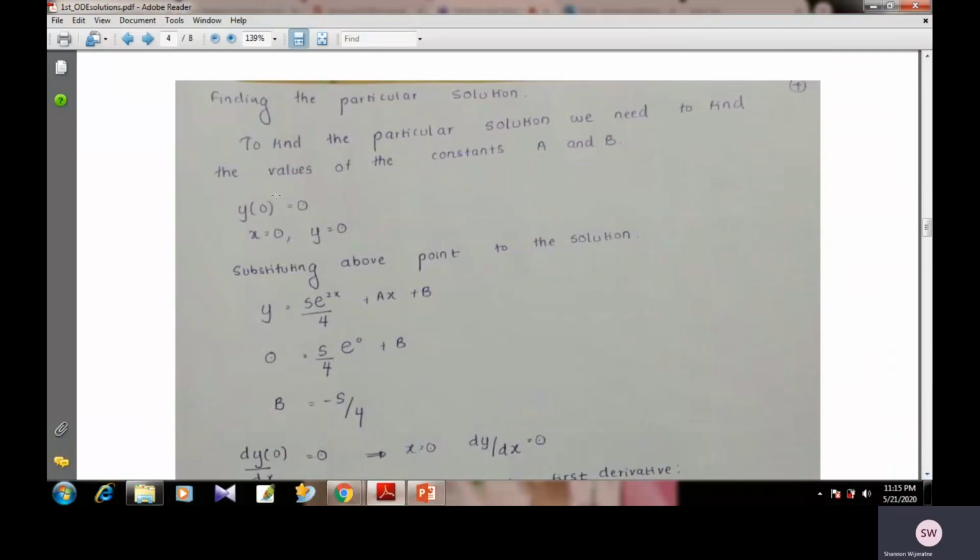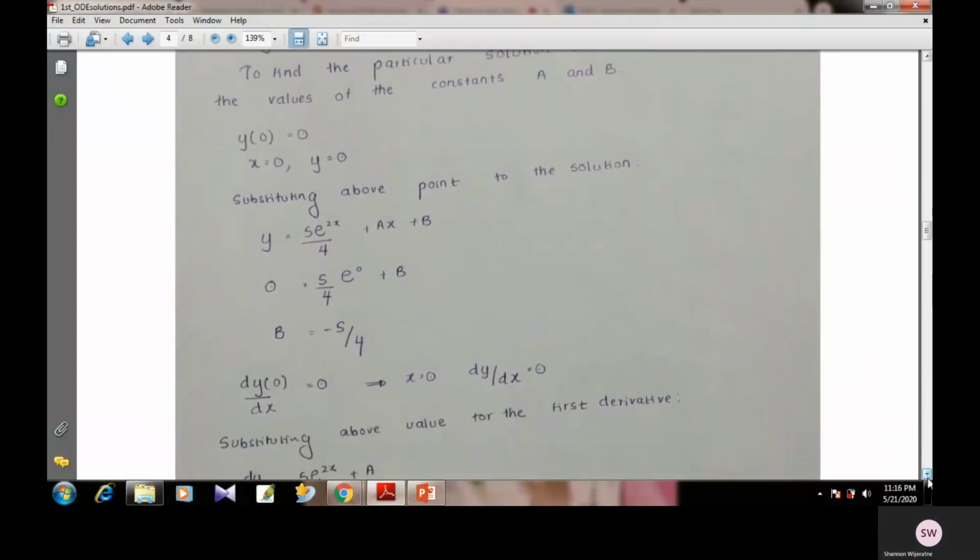When x is equal to 0, y is equal to 0. Substituting this point into the solution y equals 5e^2x over 4 plus ax plus b, with x equals 0 and y equals 0, we have 0 equals 5 over 4 plus b. So b is equal to minus 5 over 4.